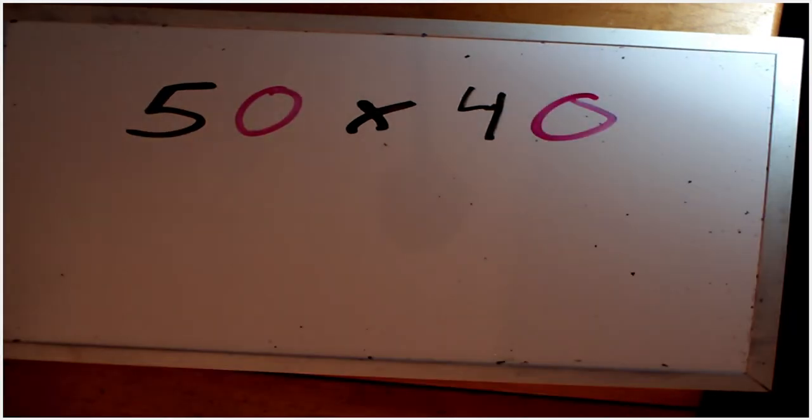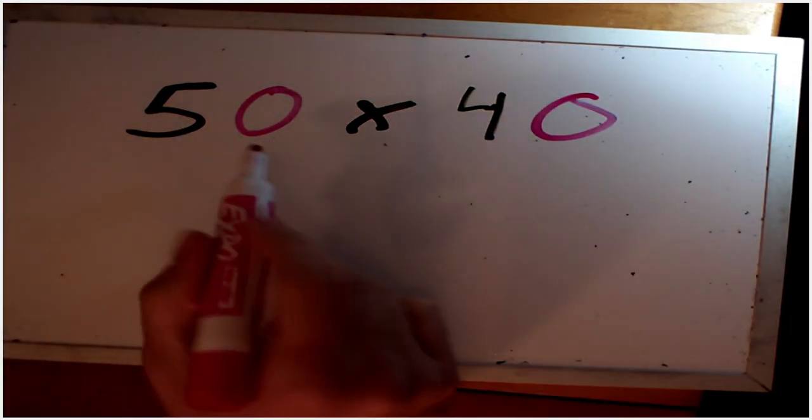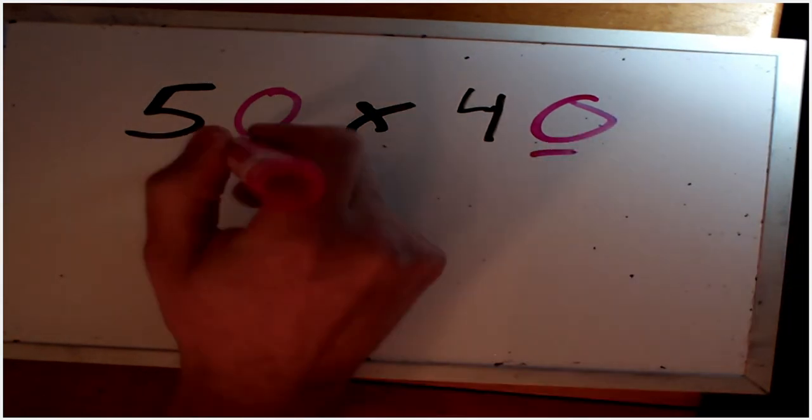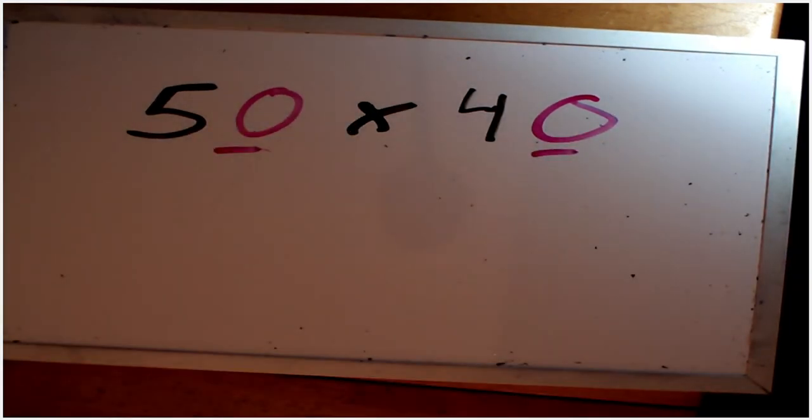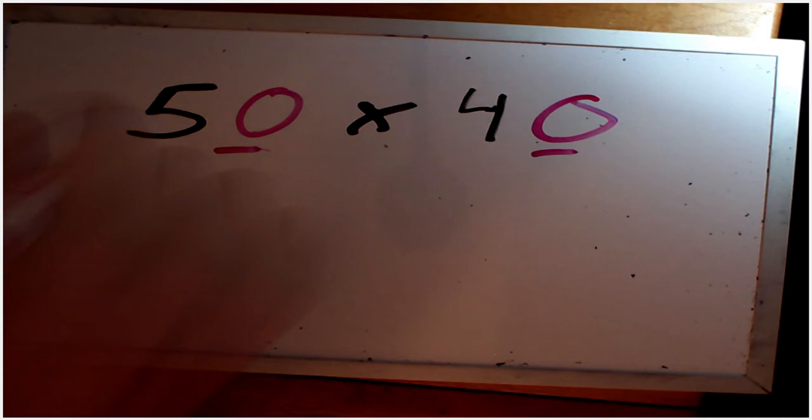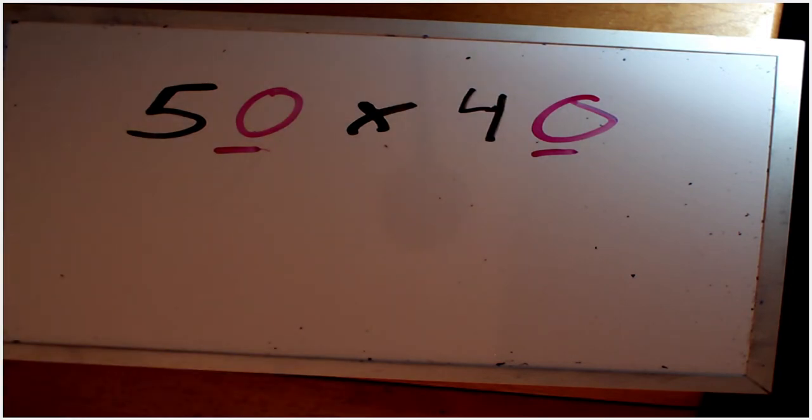Again, because these end in zeros, and these are those multiples of 10, that means that you could count by tens to get to 50. You could count by tens to get to 40. You can use basic fact knowledge and that pattern of extending with the zeros to solve this.